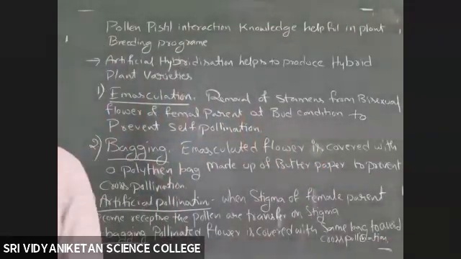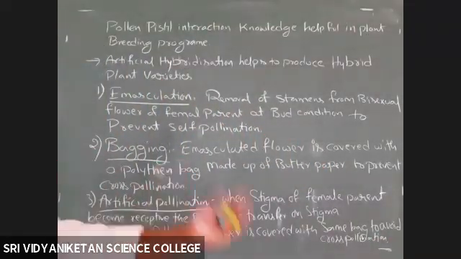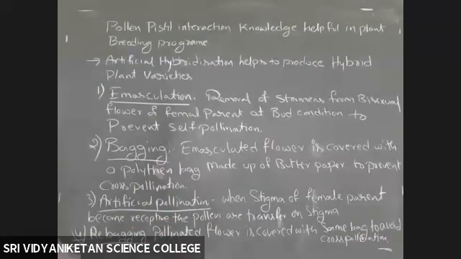Again, some pollen grains may fall on the stigma. To avoid that cross pollination, we perform rebagging. So these are the definitions for each and every step in artificial hybridization.